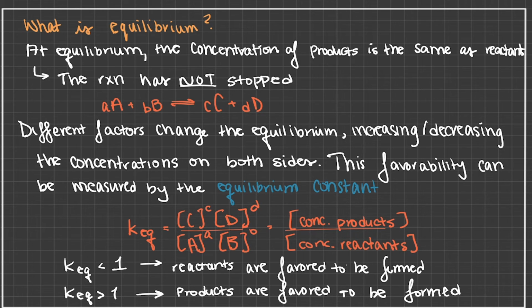In equilibrium, just because the products are favored does not mean that the reactants are not being formed. They're both being formed at the same time, but more product is being formed at a higher rate than our reactants. So there's going to be more product concentration present than reactant concentration.